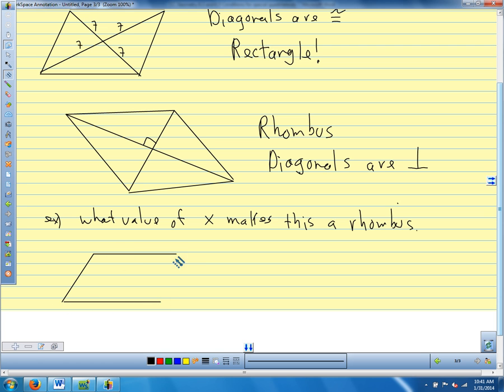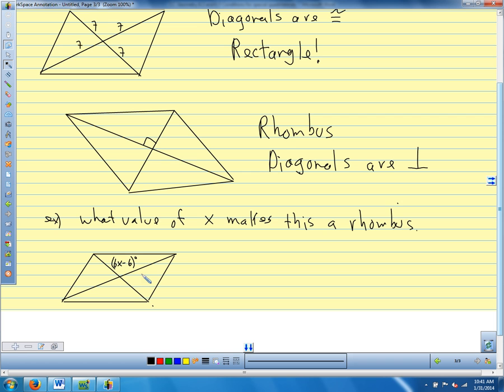So we know this is a parallelogram. We want it to be a rhombus now. So I would figure out what value of x makes that into a rhombus.